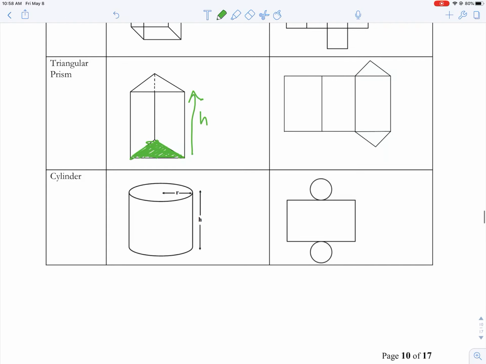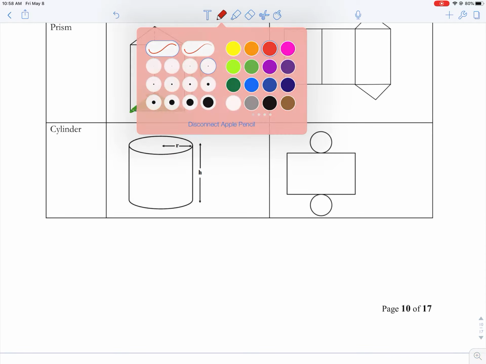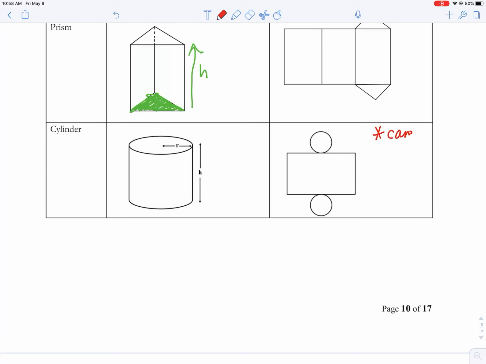And for a cylinder, if we're doing the surface area of a cylinder, we have to be careful to check if it has a top or bottom. In this case, I'm going to write down what the surface area of this one would be. The total surface area, if it does have a top and a bottom, is going to have 2 times pi r squared, because it'd have 2 circles.